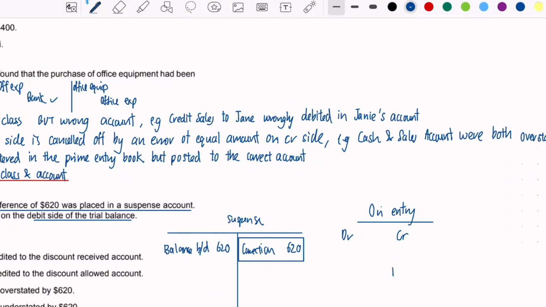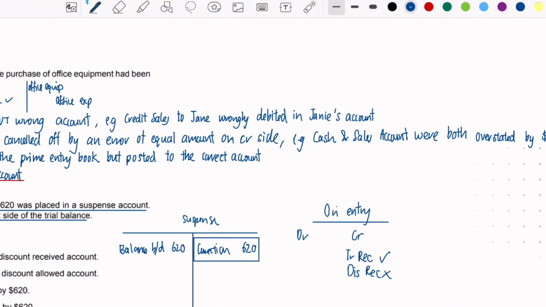Instead, you credit discount received. So it's credit side. And usually we credit trade receivable. And usually we debit discount allowed, credit trade receivable. However, this time we did not. Instead, we credit discount received. So this is wrong. This is correct. Okay, so let's see what the correction is.